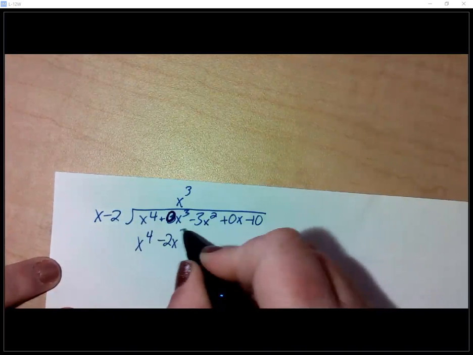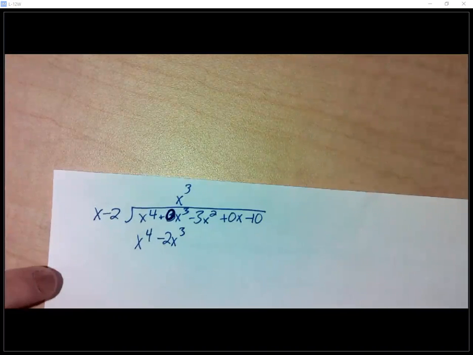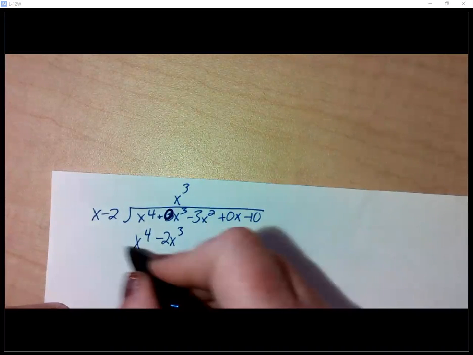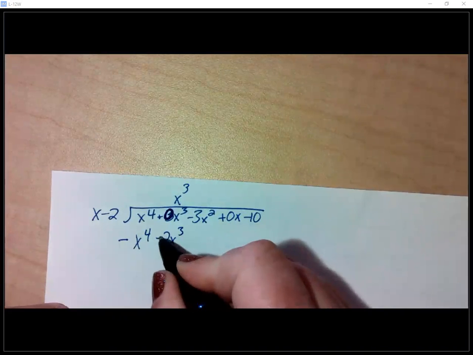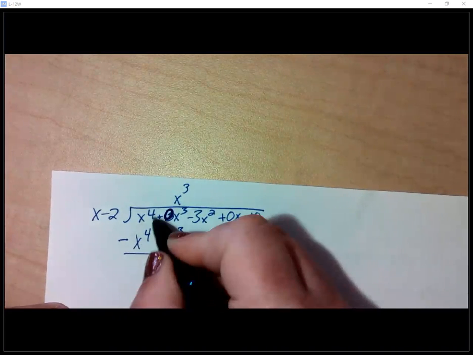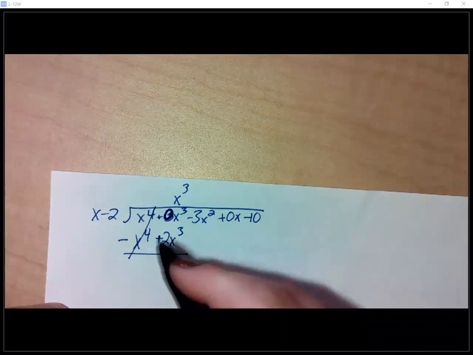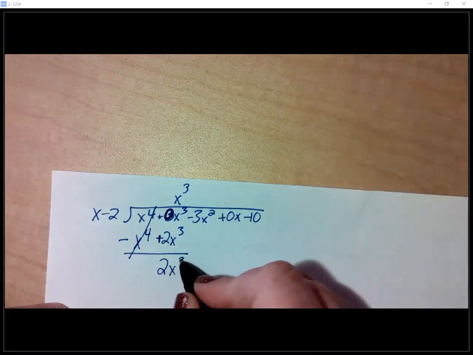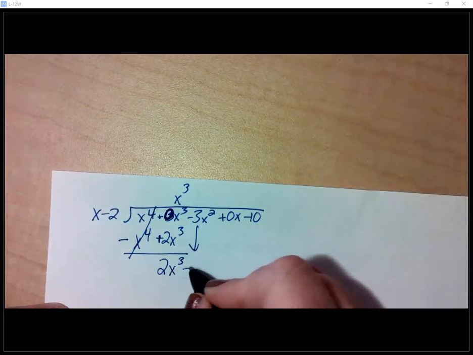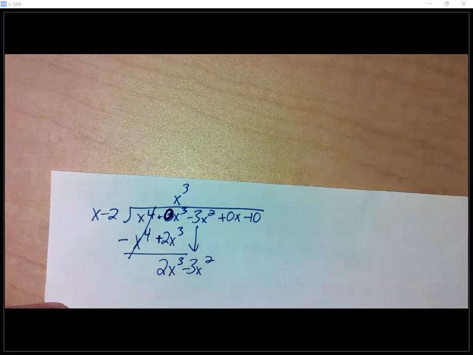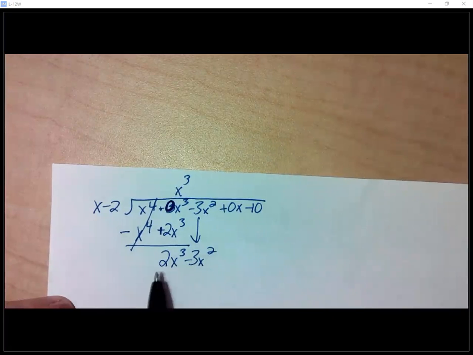But then you have to subtract that whole line, right? So you're a minus and you were a minus, so you become a plus. First terms canceled just like they're supposed to. Okay, I have a 0 and a positive 2, so that's a positive 2x to the 3rd, bringing down my next term. And then I do it again. What do you multiply x by to get 2x cubed? Everybody?